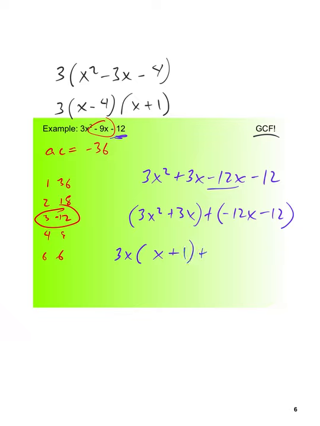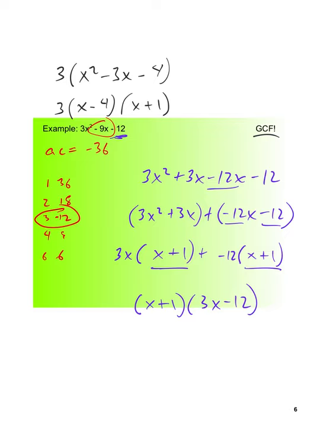So what can I do to make this an x plus 1? To make this an x plus 1, I can pull out a -12. So what I get here then is x plus 1 and 3x minus 12. I matched these terms here, and by pulling out the -12, there was a negative and a negative, so that was what allowed me to do that.